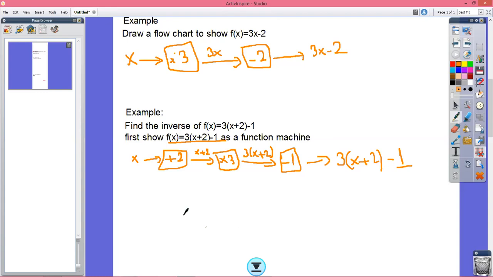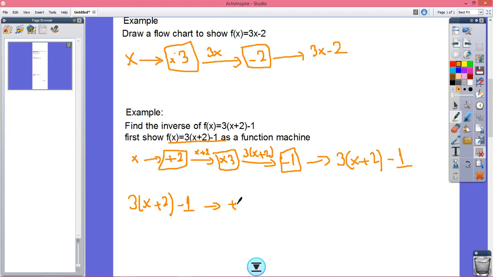First, let's write 3 times (x plus 2) minus 1. What do we need to do first from here to find x? First, plus 1. Okay, let's do it, plus 1.